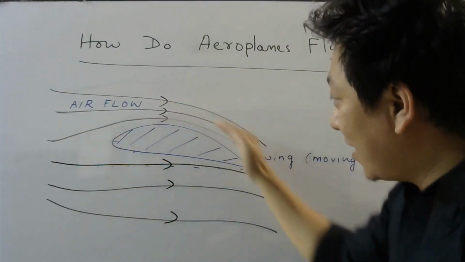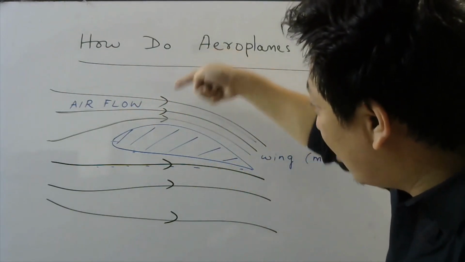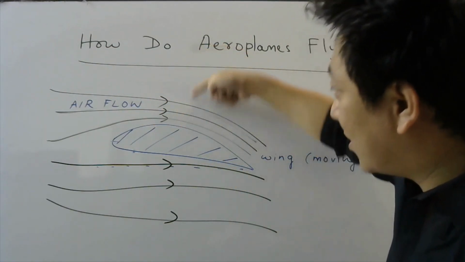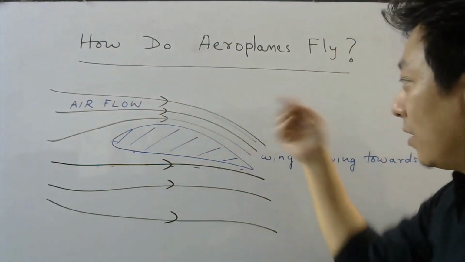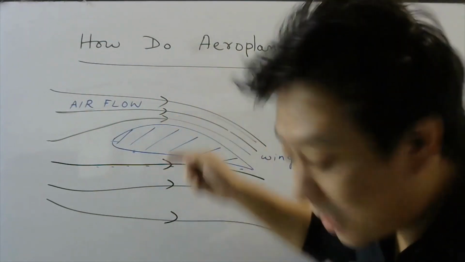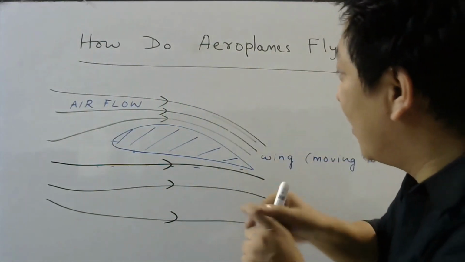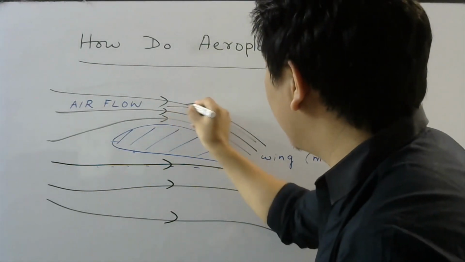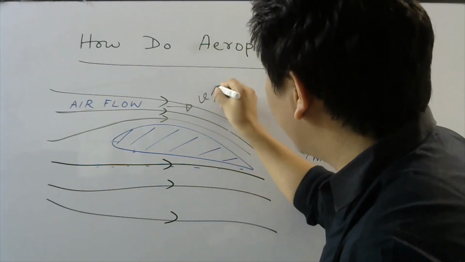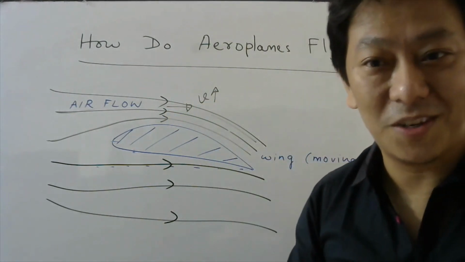Because of the design here, you can see this area of the cross section through which air is flowing is smaller. So since the area here is smaller, the flow velocity here will be more because of the first observation.